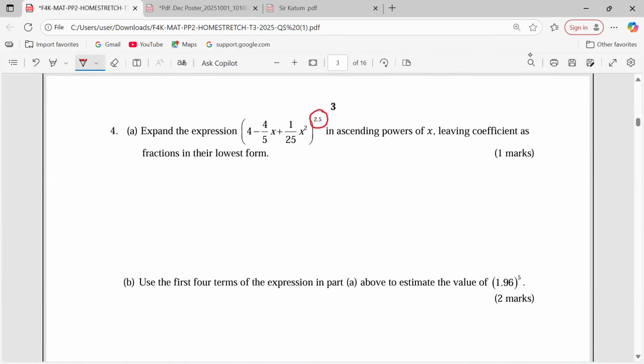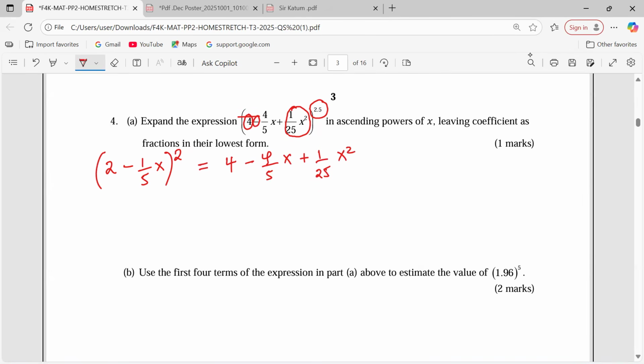We take the square root of the first part, which is a 2, the sign that follows, which is a minus, then the square root of the last part, which is going to be 1 out of 5x. And this now is squared. Once you have it squared like that, you notice the equivalence of 4 minus 4 over 5x plus 1 out of 25x squared.